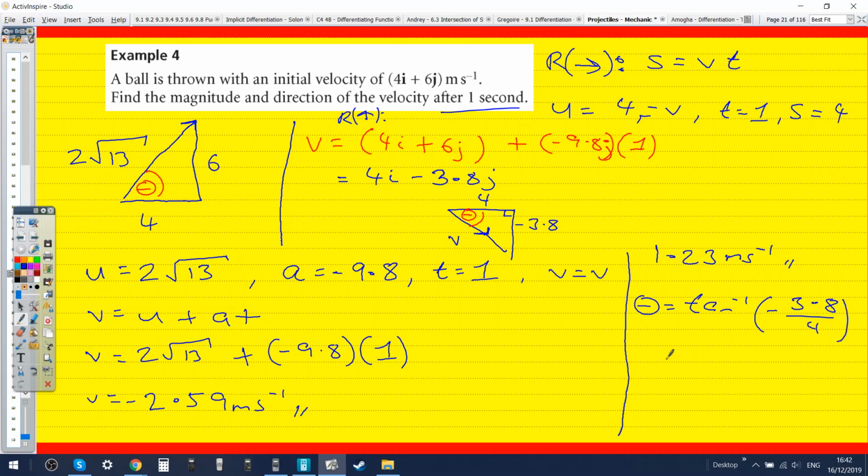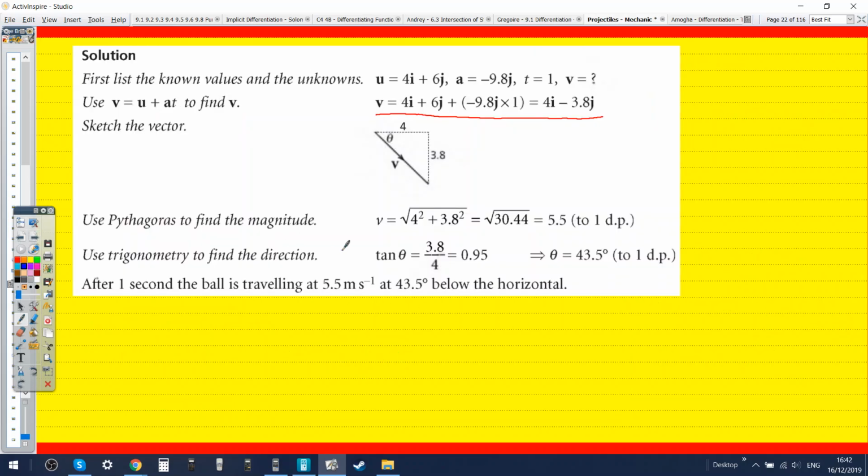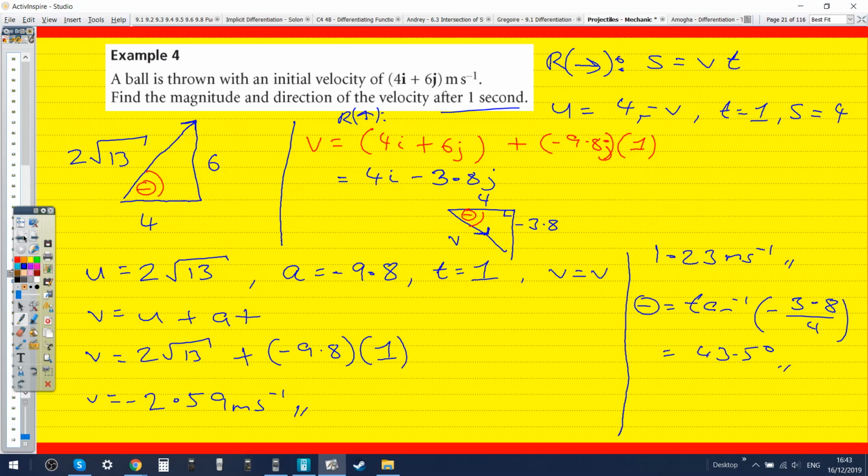I got 43.5 degrees. So it's going to have a speed of 1.23 meters per second at an angle of 43.5 degrees. They're saying 5.5, so 43.5 is correct. Did you do Pythagoras for 4 squared and 3.8 squared?